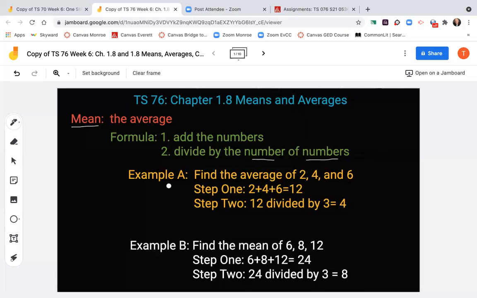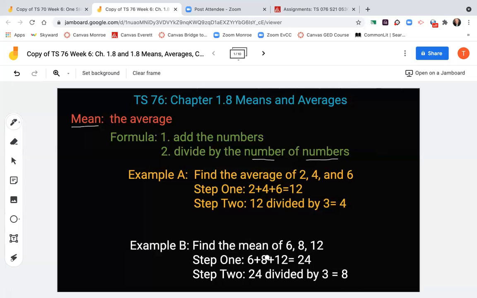So for example, in example A, if they said, hey, find the average of 2, 4, and 6, okay? Step 1 is to add them all up. 2 plus 4 plus 6 is 12. Step 2 is divide by how many numbers are there? Uno, dos, tres. So you divide by 3, you get the answer of 4.